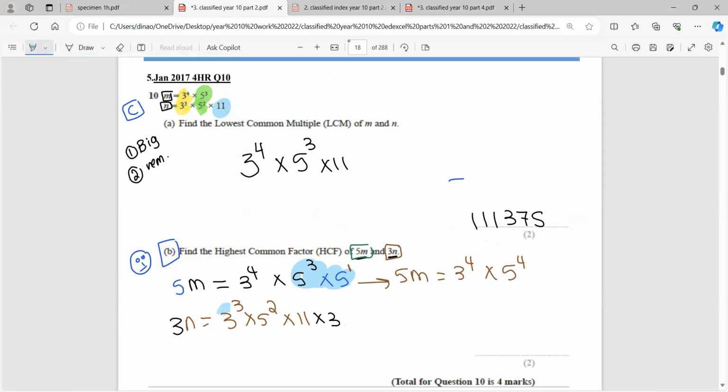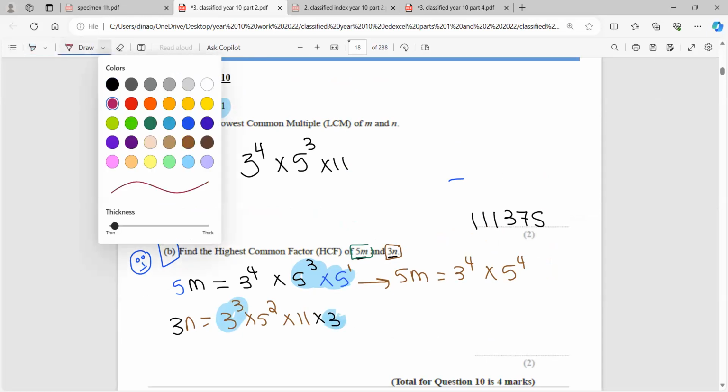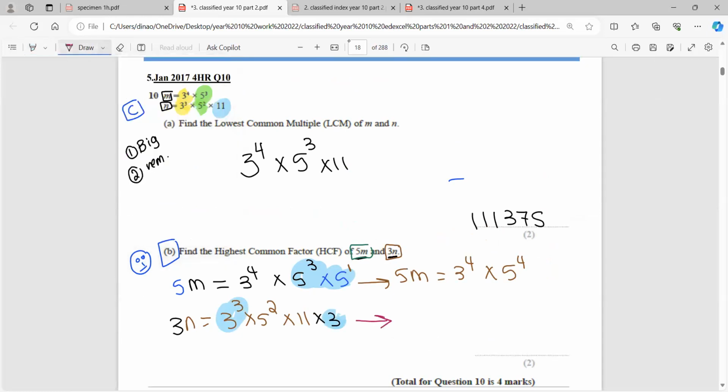Now by looking at these again, since I am multiplying the same base, I have the right to simplify and add the powers. So the simplest form of 3n will be 3 power 1 and 3 power 3, which is 3 power 4.